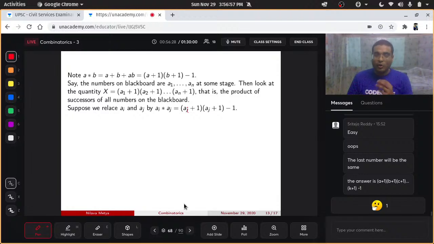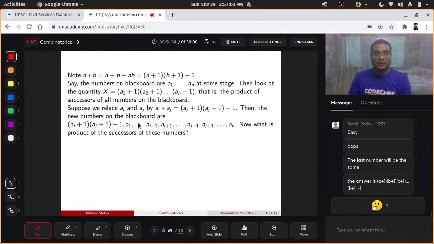So what are the new numbers on the blackboard? The new numbers are this number that we have written here. We have deleted AI and AJ and written this number. And then A1 is there as usual. All the numbers are there, but note that AI is absent and AJ is absent, and all the other numbers are present as usual.